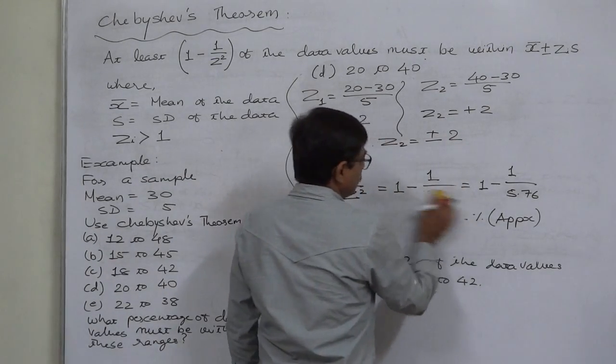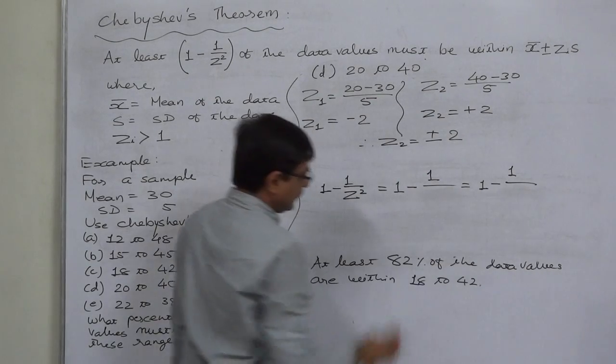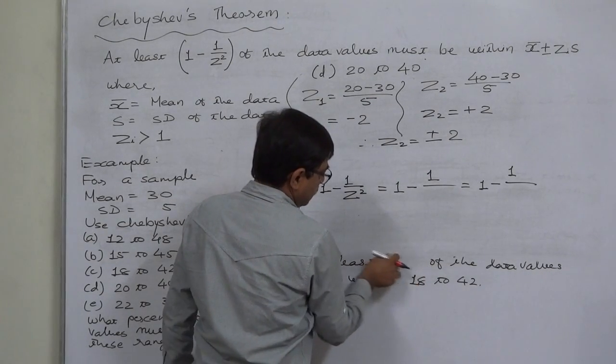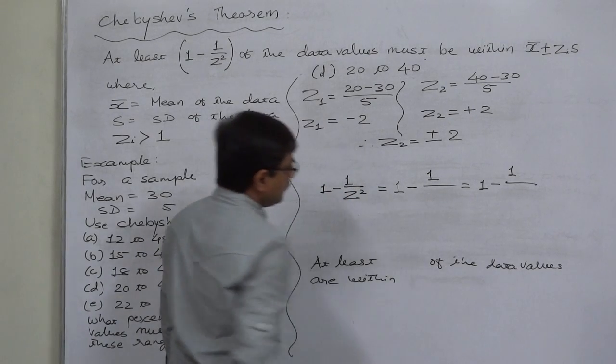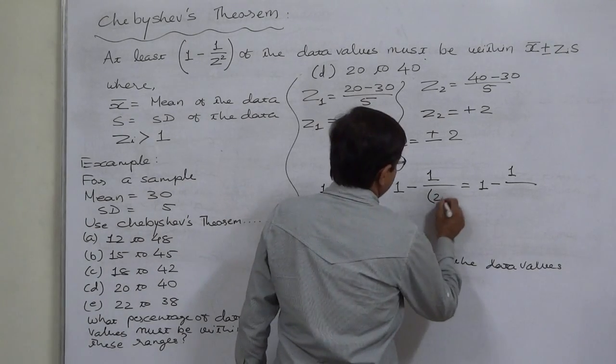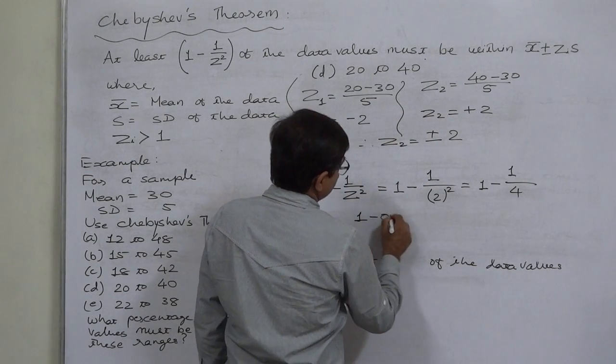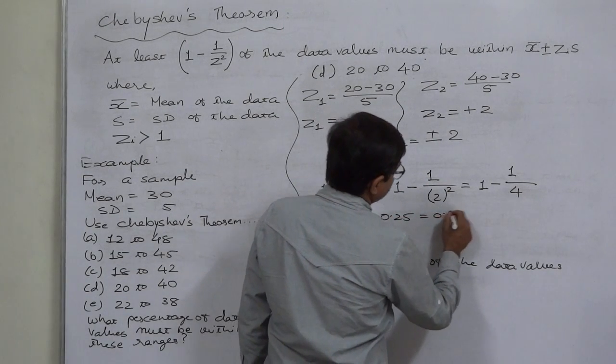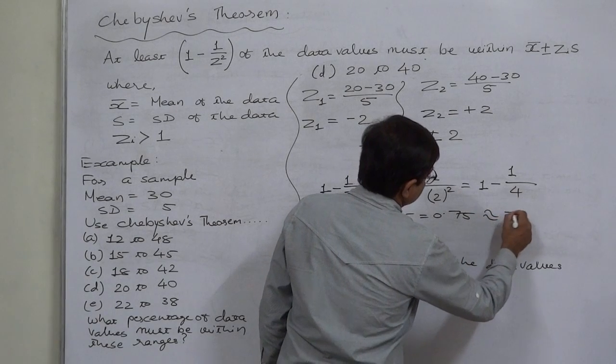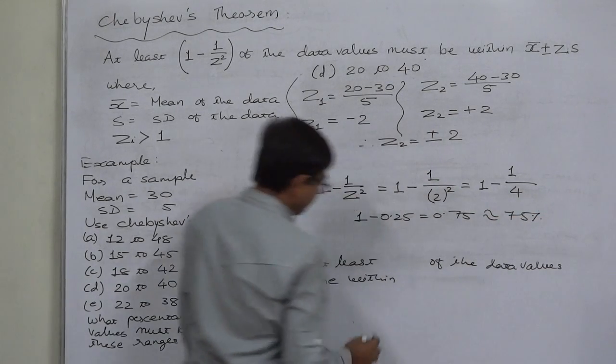Now let us substitute the value in the formula. 2 square, that means 4, that means 1 minus 0.25 is 0.75, that is 75%.